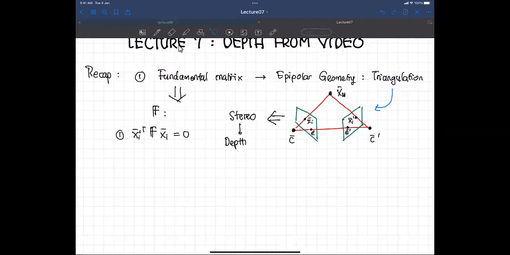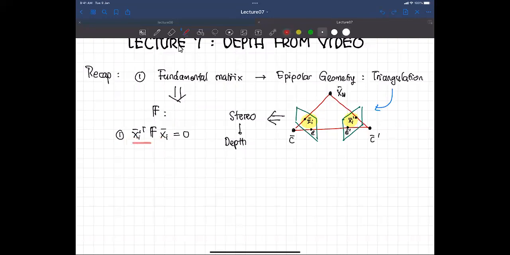As you can see, it's the correlation between these two points, xi and xi prime. Although they are separate images, they have a correlation based on F. So F correlates xi and xi prime, right? And this is useful.